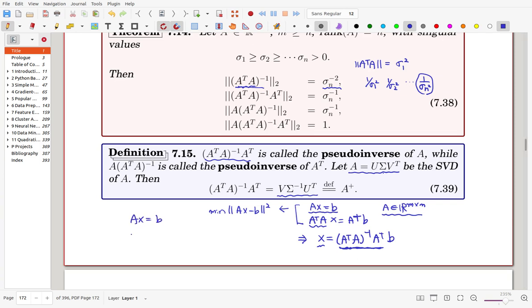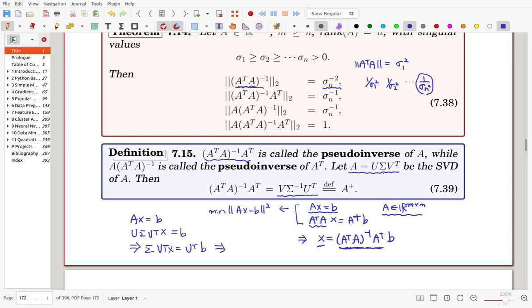Then A is replaced by U sigma V transpose x equals b. Then first we apply the inverse of U, which is U transpose, so sigma V transpose x equals U transpose b.